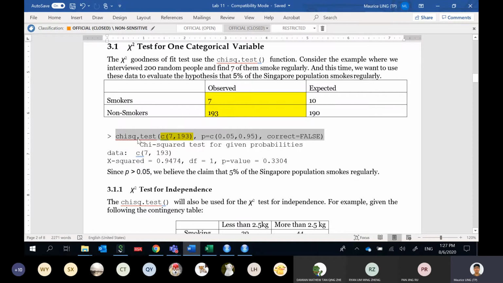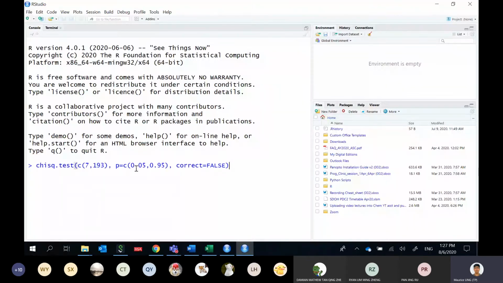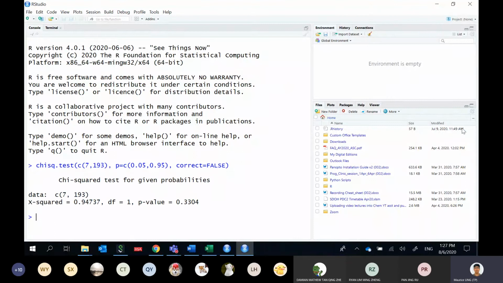Let's take this, copy over, test, and then that gives you your result. Try and see whether you get the answer. When you get the answer, raise your hands.